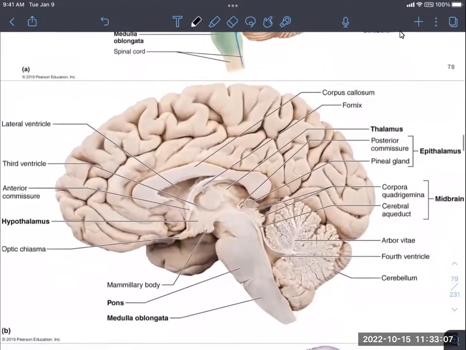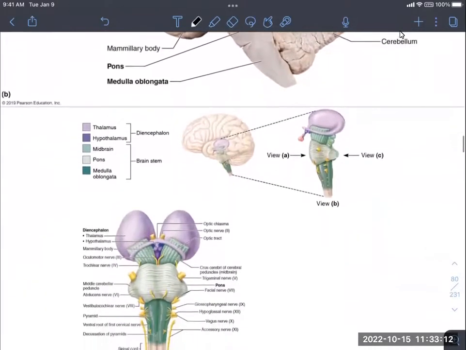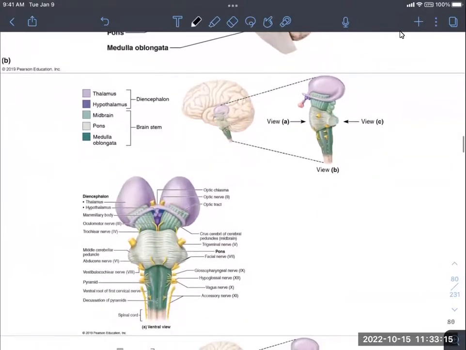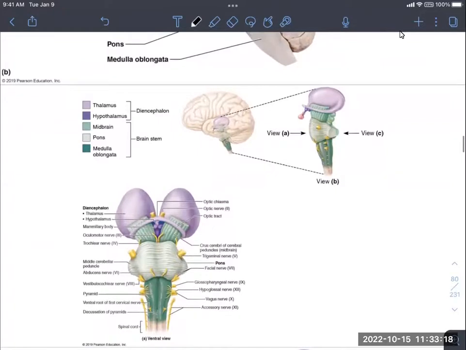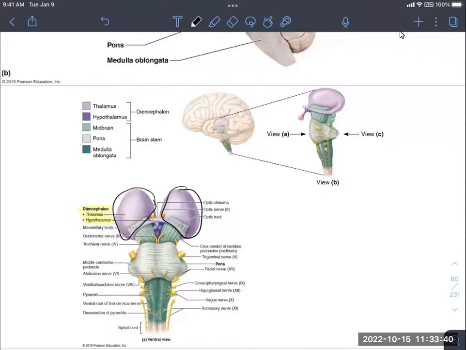And here it is again on a real brain. Here is another view. We're going to start looking into the brainstem, but you can kind of see here that diencephalon with the thalamus, the hypothalamus, all in there. Because the thalamus is this big purple section. The hypothalamus is this little area in here.